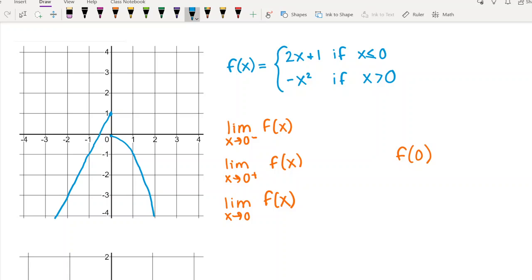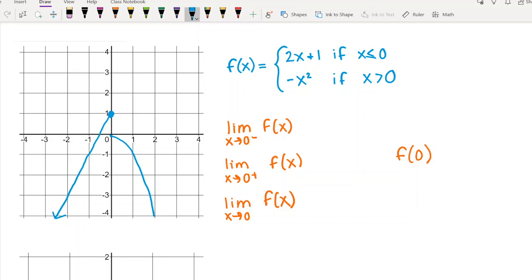All right, there's one more thing we want to add here, which is you should put open and closed points to denote which part of the graph you're using at that meeting point. So 0 is the place where it switches from one part of the graph to the other. And so what we want to do is put a closed dot on the first function, and we can put a little arrow there too.